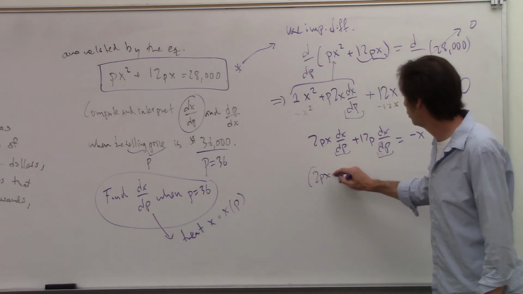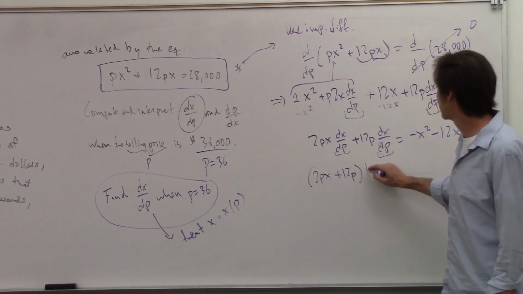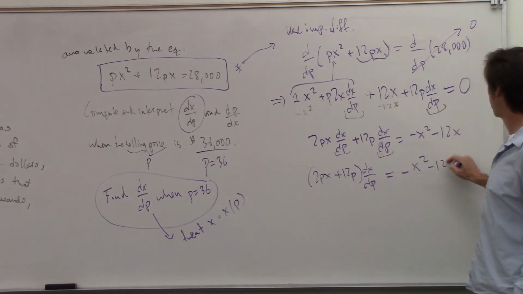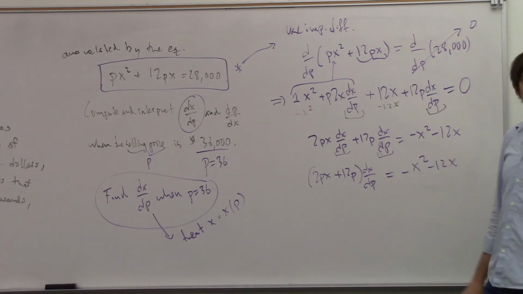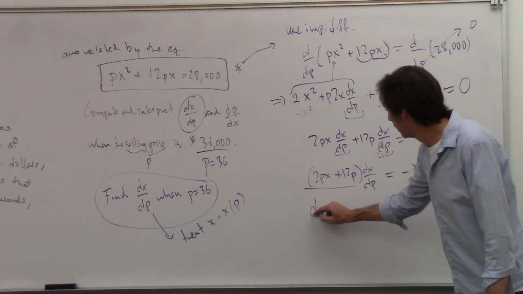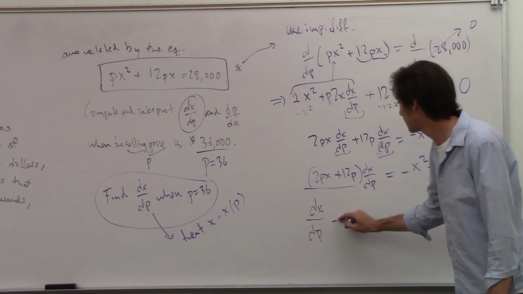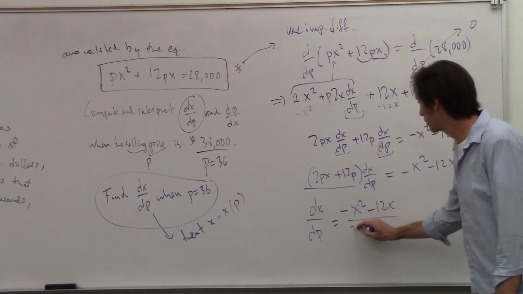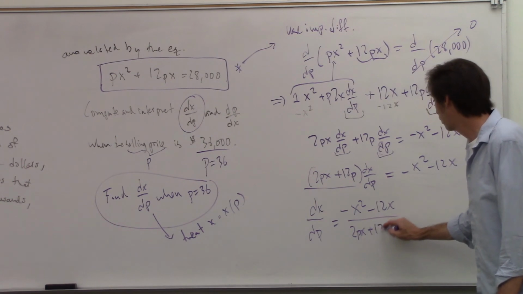That leaves us with (2px plus 12p) times dx/dp. That's the factoring step, don't forget it. To finish, divide both sides by the term in parentheses. In other words, dx/dp is equal to minus x squared minus 12x, all over 2px plus 12p.